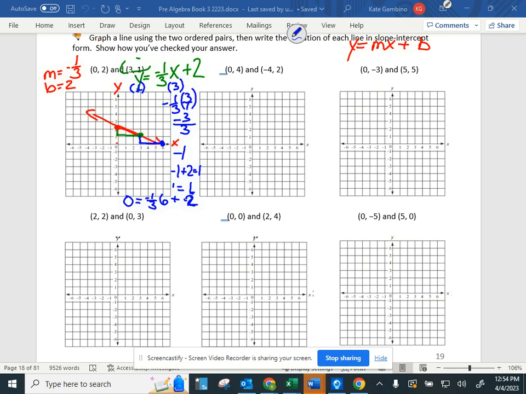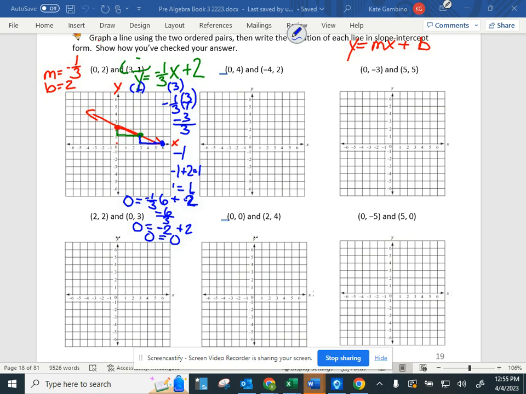So negative 1/3 times 6 would give me what? No, negative 1/3 times 6 does not give me 0. Negative 2, because I have negative 6 divided by 3, which is negative 2. So negative 2 plus 2 is 0. Does 0 equal 0? It does.